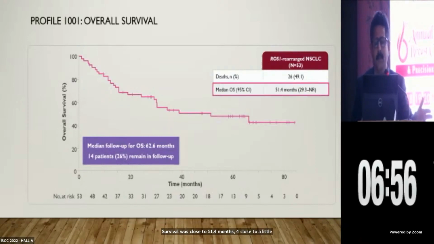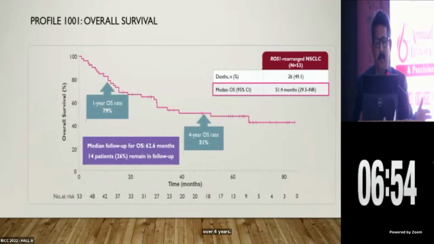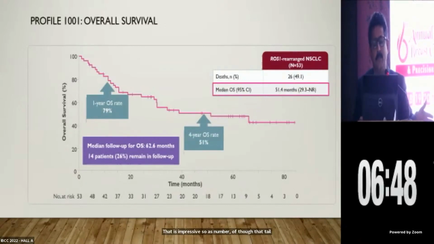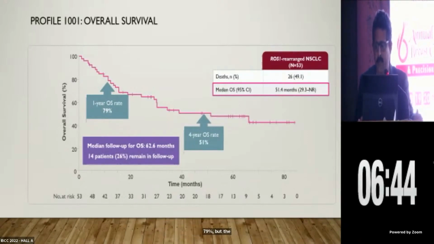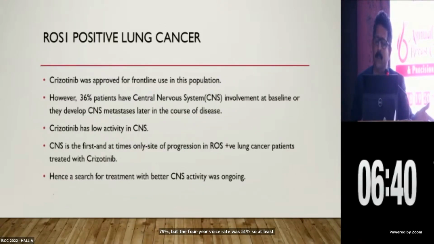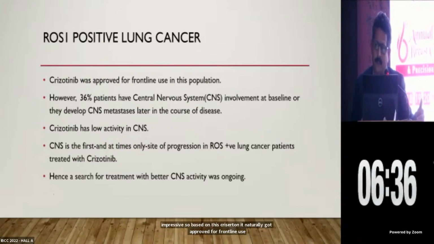That is impressive. That tail effect is also seen here. The 1-year OS rate was 79%, but the 4-year OS rate was 51%. So at least half the patients were alive at 4 years. That is truly impressive. So based on this, crizotinib naturally got approved for frontline use in this population.